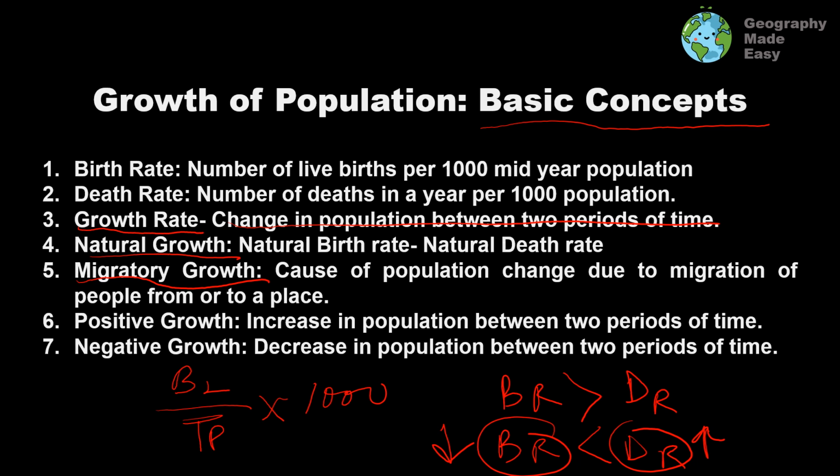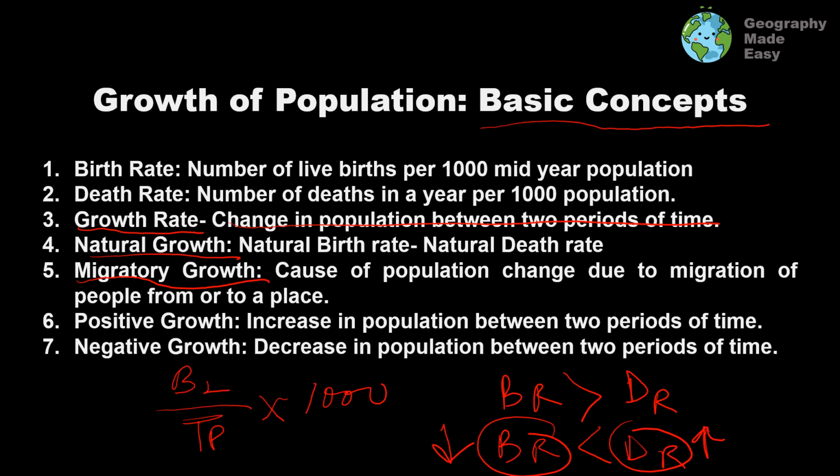We can take some very recent contemporary examples such as Afghanistan, where we have seen there was a mass exodus, people went away or were trying to escape from Afghanistan. Similarly, we see a similar situation in Ukraine where people were migrating out of Ukraine. So that kind of population change where there is a negative growth, it impacts the population of the place from which this migration is taking place and the place to which migration is taking place.